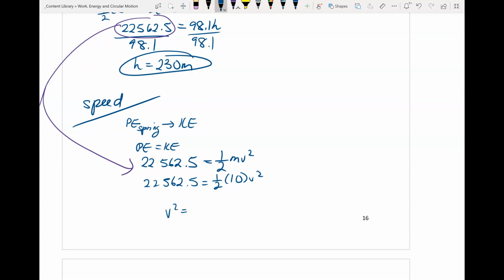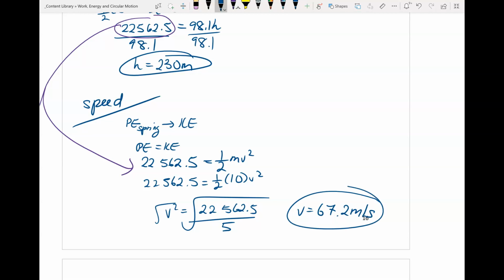So v squared then is 22,562.5 divided by 5, and then we're going to square root both sides. So v is 67.2 meters per second as our final answer.